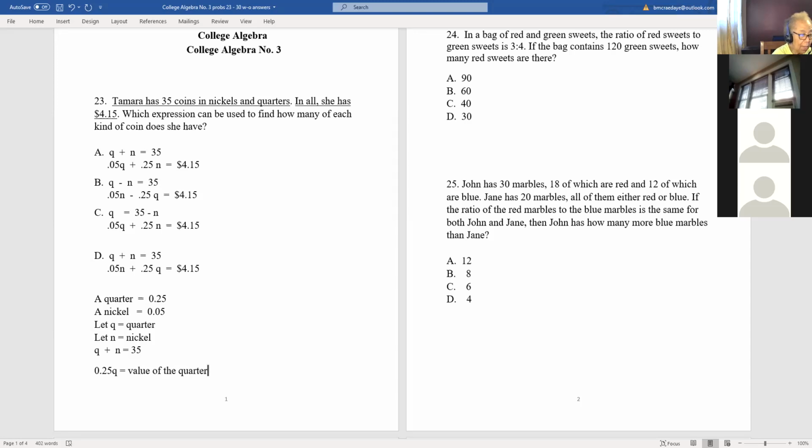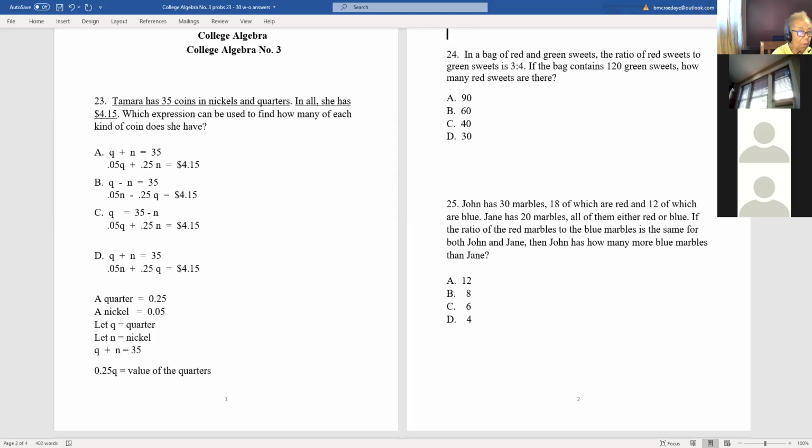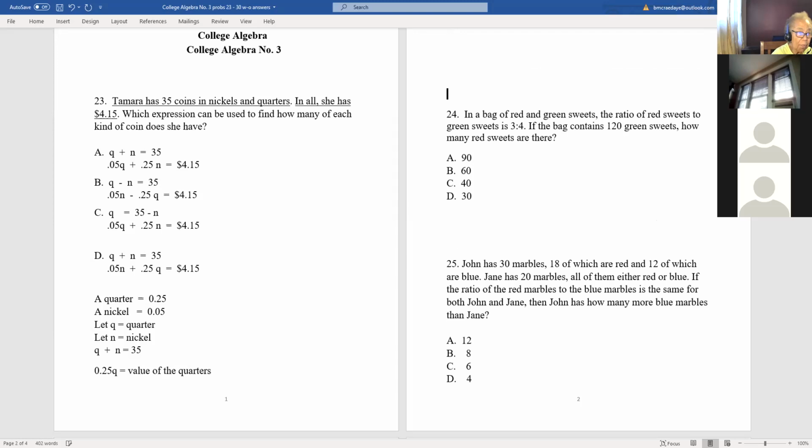That's in money, right? And then we would have 0.05 for nickels, and that's N, right? That's equal to the value of the nickels.